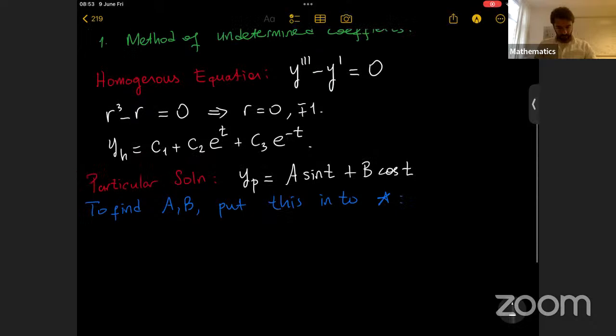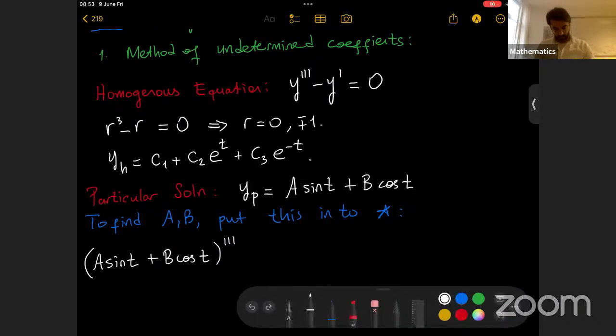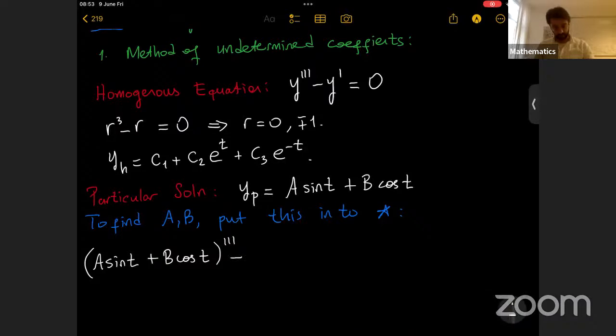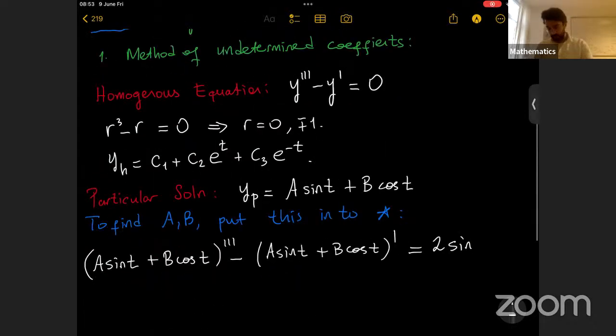Third derivative, so a sine t plus b cosine t, the third derivative of this, minus, sorry, the first derivative, a sine t plus b cosine t, is equal to 2 sine t.